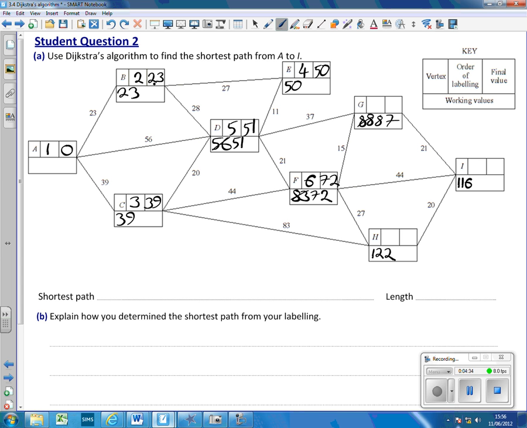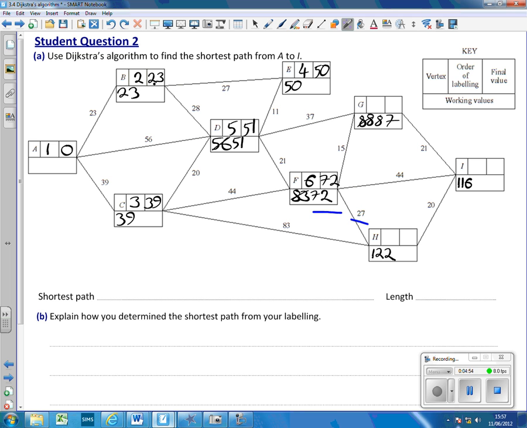It's definitely worth checking if you feel you've gone wrong, because one mistake can throw the whole thing. Although you are allowed calculators, of course, in D1, so I would recommend that you use them. Now we need to consider H as well. We can now get to there via a different route, slightly quicker.